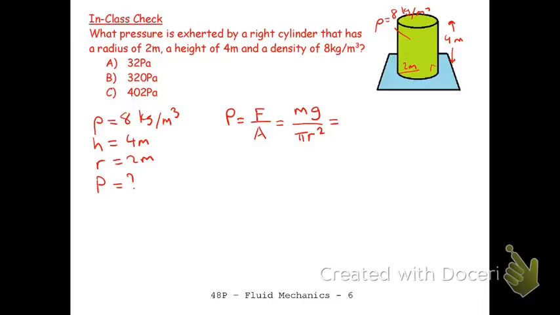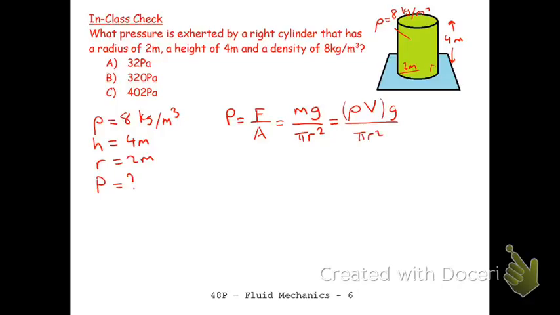Oh man. So that means I've got to take the density times the volume. Can you see that? If it's so many kilograms per cubic meter, if I work out how many cubic meters I have, I know the number of kilograms, yeah? So that would be density times volume times G over pi r squared.